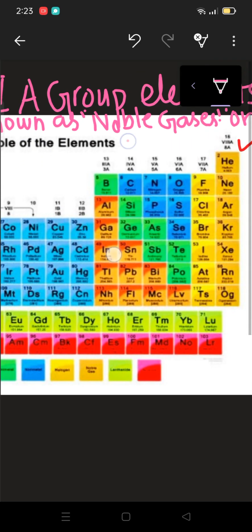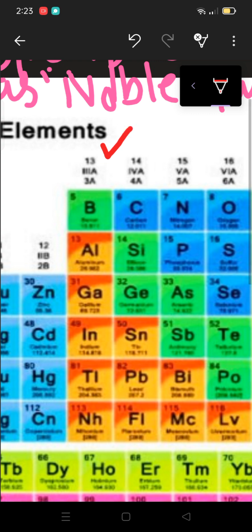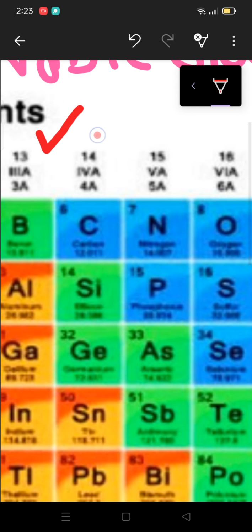Alright, in the third group the valence electrons were 3, and they need 5 more electrons to complete their outermost shell in order to make themselves stable. Fourth A group, they all were having 4 electrons in the outermost shell, so 4 were needed.